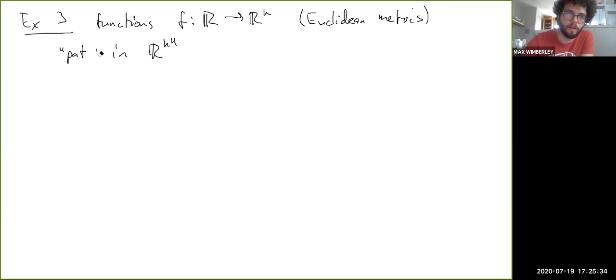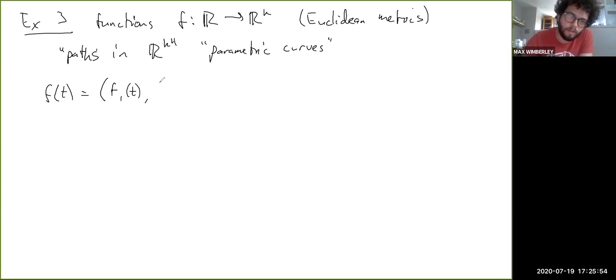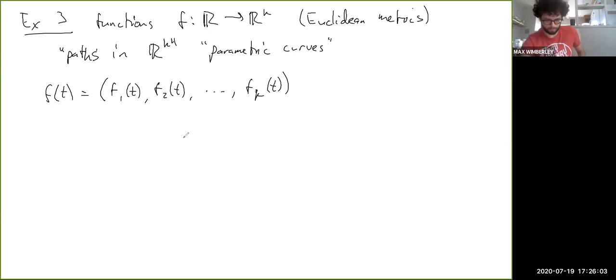You might also have heard the term from vector calculus, parametric curves, because the idea is, what do these functions look like? They look like f of t equals f1 of t, f2 of t, and so on, fk of t. So you have k coordinate functions. By definition, that has to be the case.